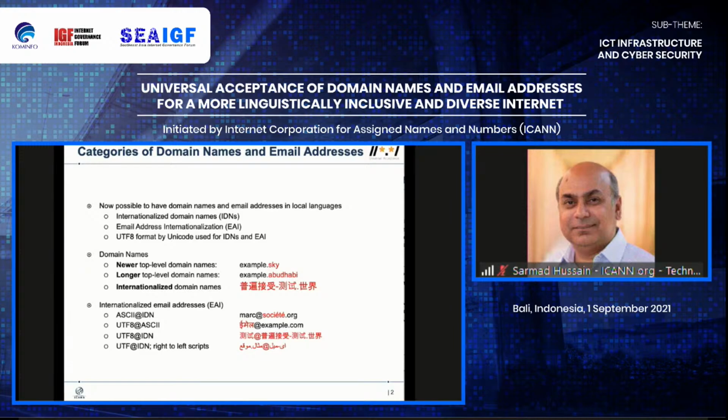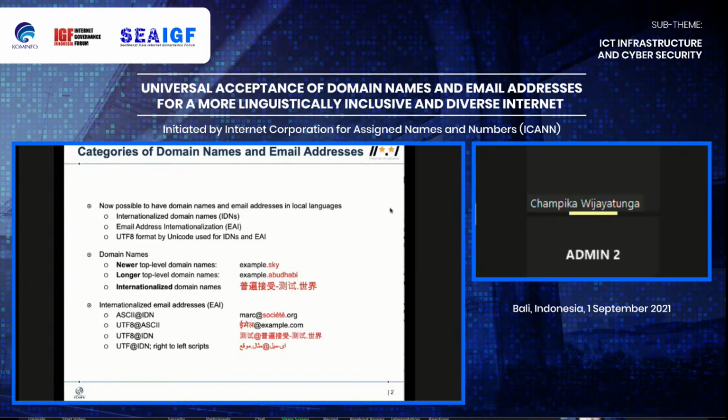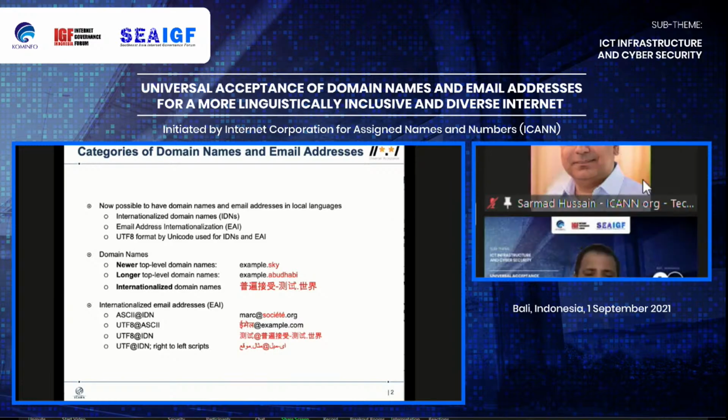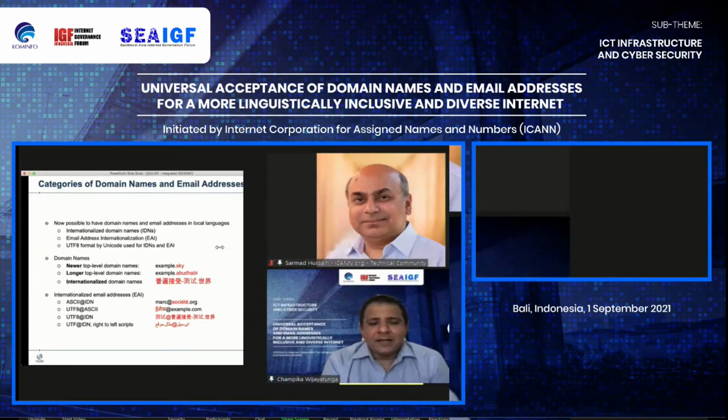You can see that there are different categories of email addresses. The mailbox can be in ASCII, whereas the domain can be in UTF-8 or IDN based. And then you can also see some different examples over there.